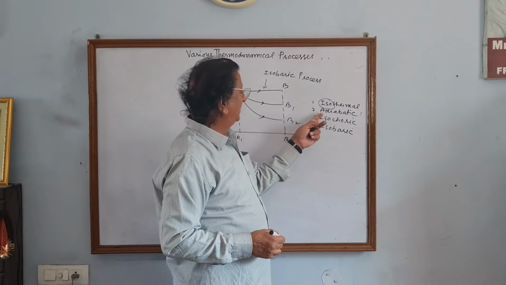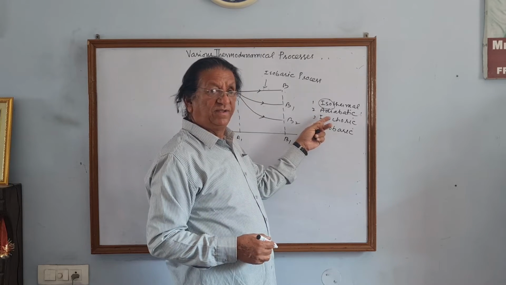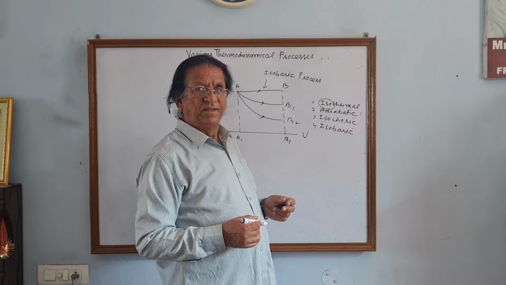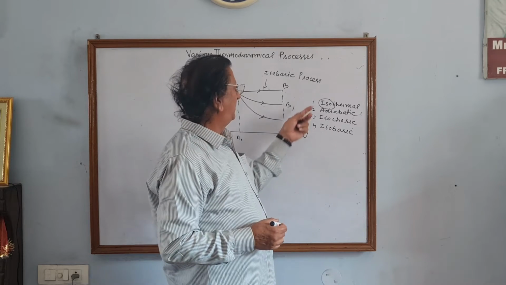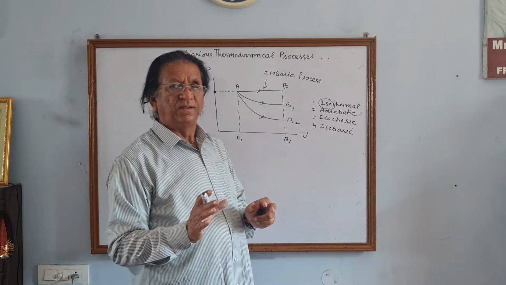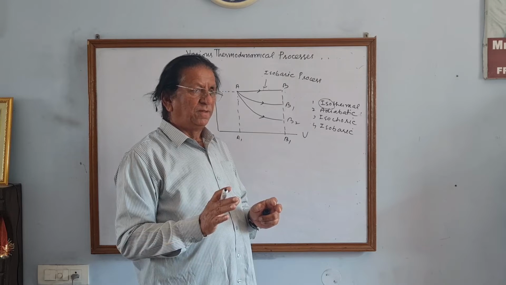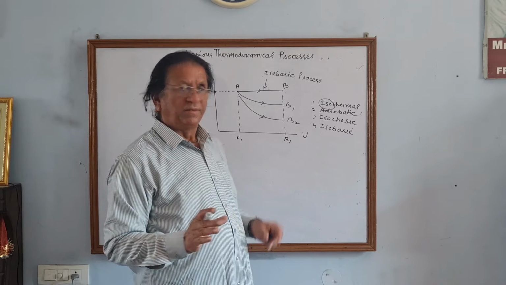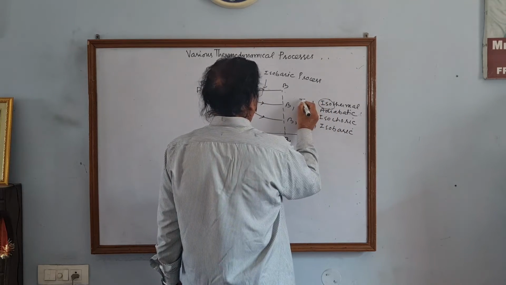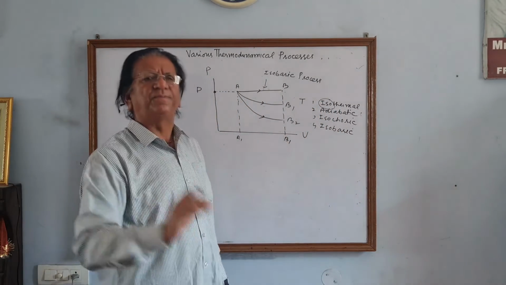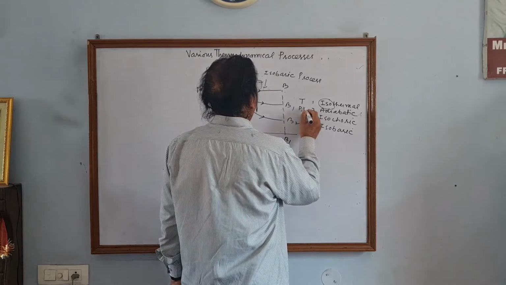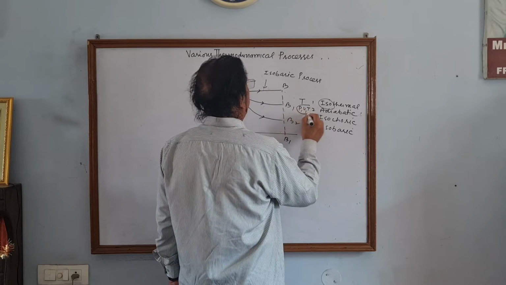And the second process, not starting with iso, adiabatic, has nothing constant. Remember, wherever you make use of the word iso, something is the same, constant for the entire process. For example, in an isothermal process, temperature is constant throughout. Here, nothing is constant, all variable.